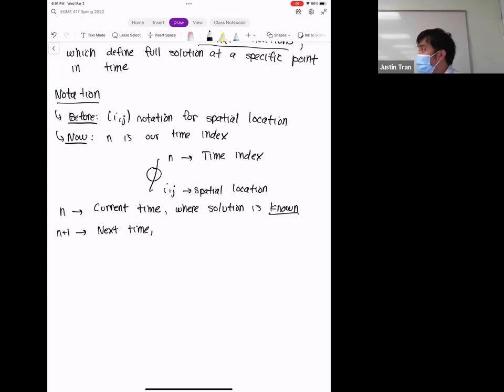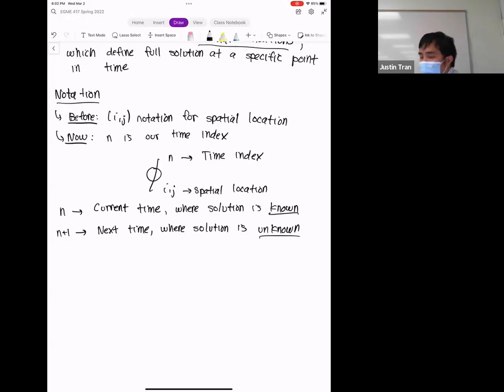This is usually what we're solving for at each step of our time marching, and usually at this point in our time marching, our solution is unknown. This distinction is going to be especially important in interpreting some of the methods that we're going to be using.